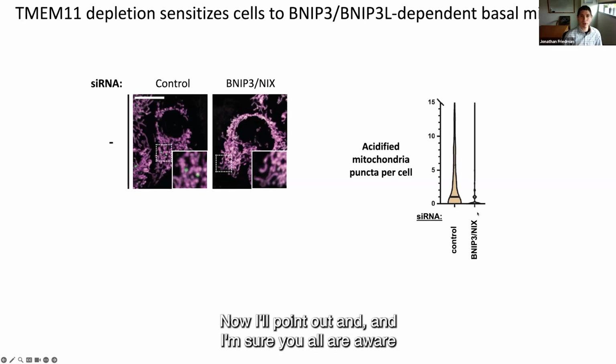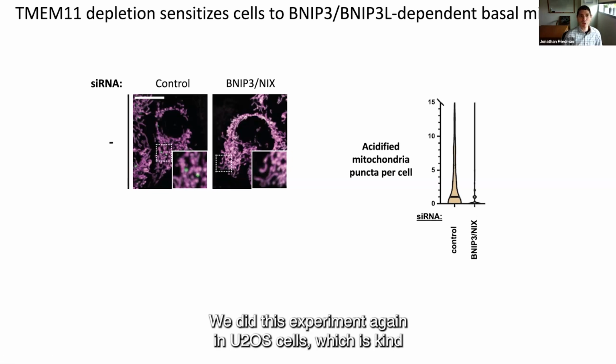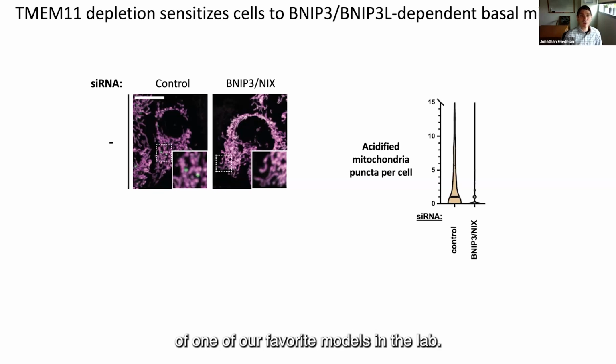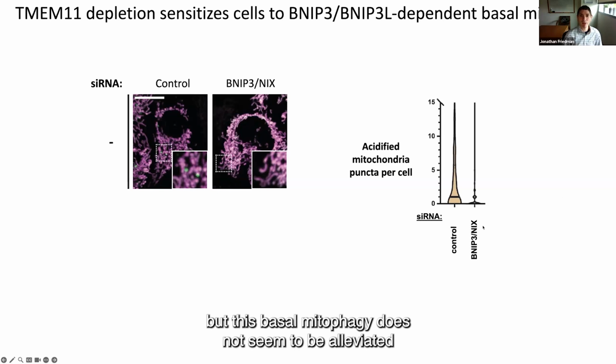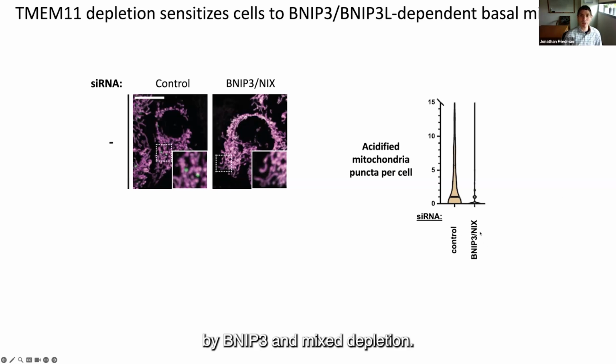Now I'll point out, and I'm sure you all are aware, that these cells are not expressing Parkin. We did this experiment again in U2OS cells, which is kind of one of our favorite models in the lab. And I want to point out, I'm not showing the data for this, but this basal mitophagy does not seem to be alleviated by BNIP3 and NIX depletion.